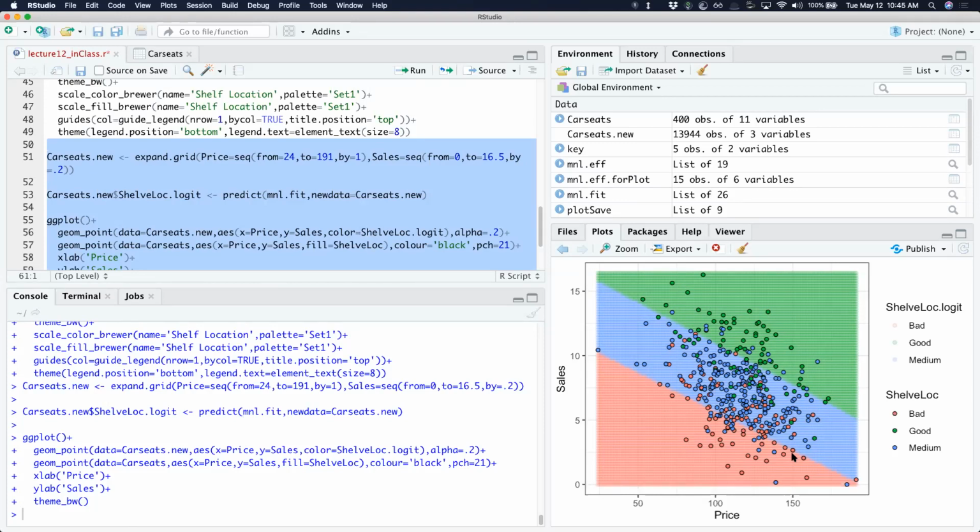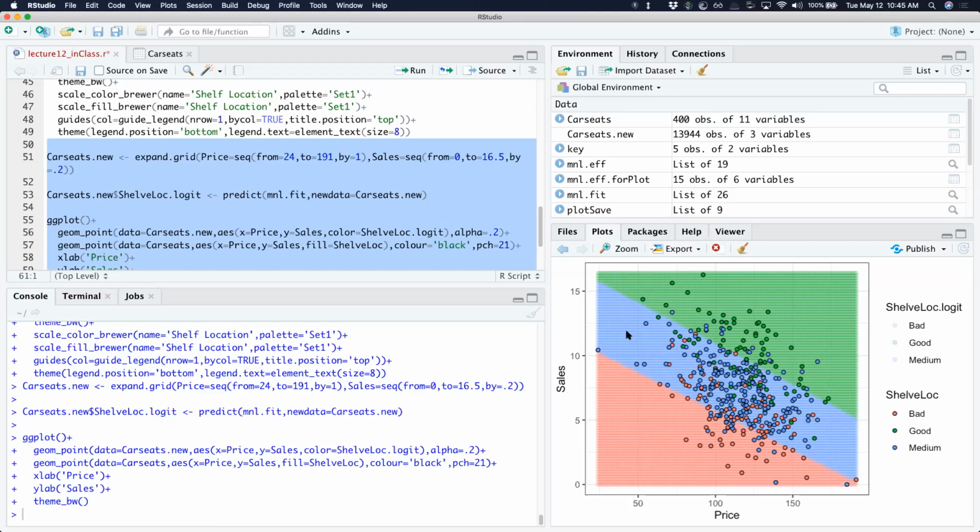of my model. You can see this background shading as essentially the fit of my multinomial logistic regression. Unlike in the linear one, where you have this line, in a logistic regression you only have a set number of outcomes, right? I've got my red bad outcome, my blue medium outcome, and my green good outcome.